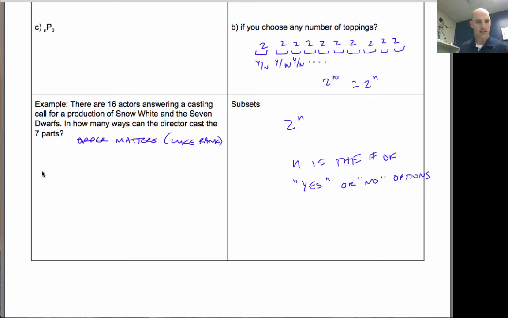And so this is 16 people, 7 at a time, is 16 times 15 times 14 times 13 times 12 times 11 times 10. 1, 2, 3, 4, 5, 6, 7 is equal to, some of the notes here, calculator.